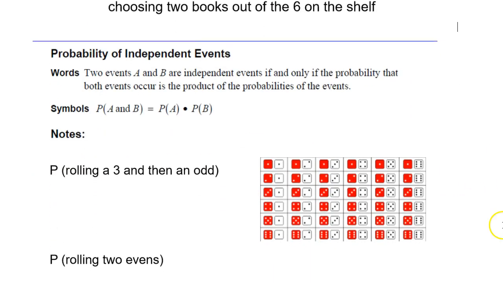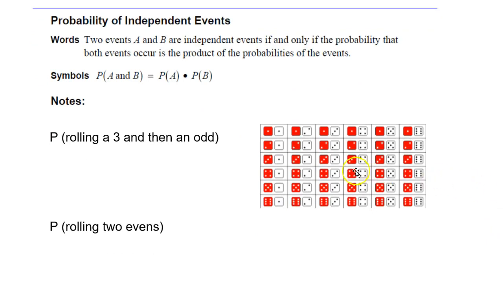When we're talking about the probability of independent events, the way we find the probability of A happening and then B happening is to multiply the probability of A times the probability of B. So let's say we roll 2 dice, and we want to know what's the probability of rolling a 3 and then an odd. Well, if we look at our chart, we know there's 36 total outcomes, and 1, 2, 3 of them involve rolling a 3 and then an odd.